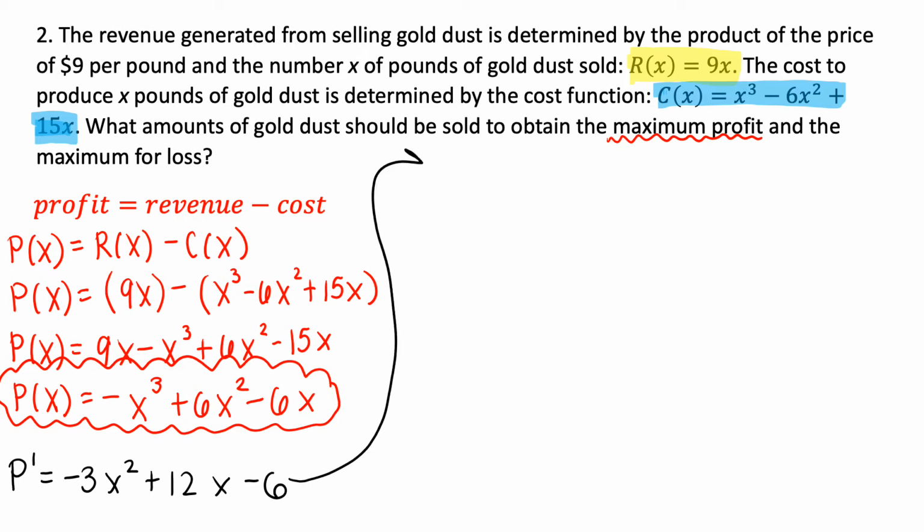Taking out my GCF of negative 3, we get x squared minus 4x plus 2 equals 0. Now, this is a quadratic. Ideally, I would factor, but I can't factor this one. There's no factors of positive 2 that add up to negative 4.